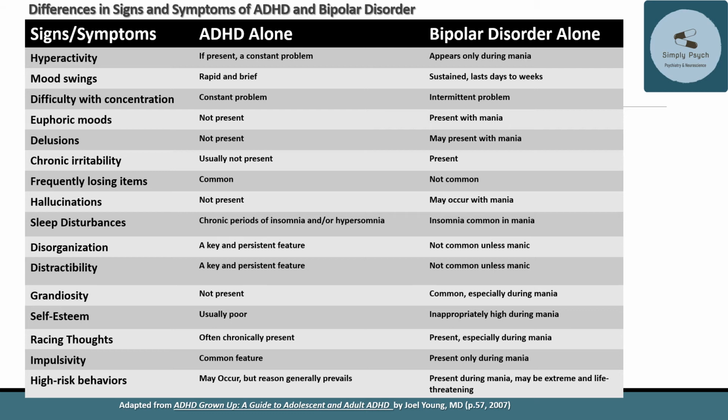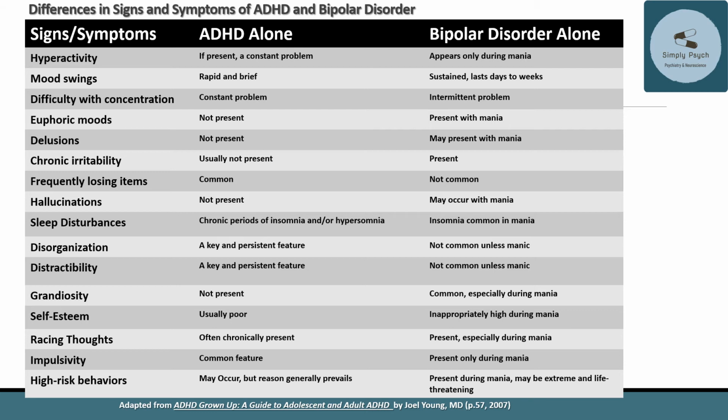Euphoric moods, you don't see it in ADHD. Patients with ADHD are not euphoric. They're not walking around grandiose, making ridiculous delusional claims. That's only present in bipolar mania or psychotic disorders. And it's, again, episodic. It's only during those manic episodes.